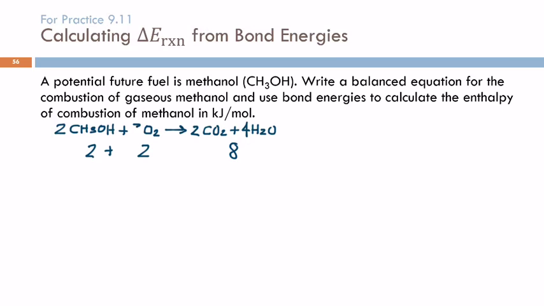So if I make this a 3, I'll get 8. Aren't there 7 hydrogens on the line? No, there's 8. There's 3 and 1. Everybody okay with that?